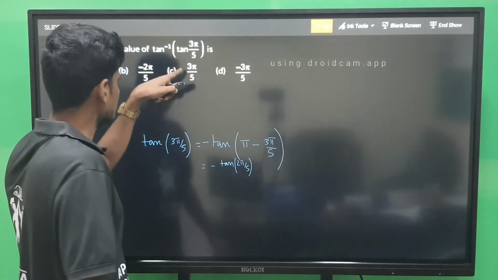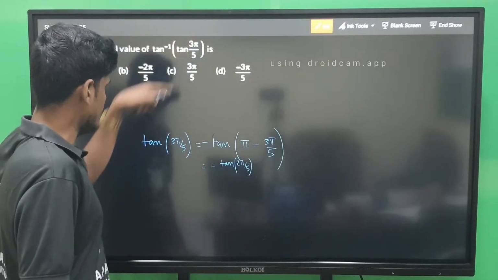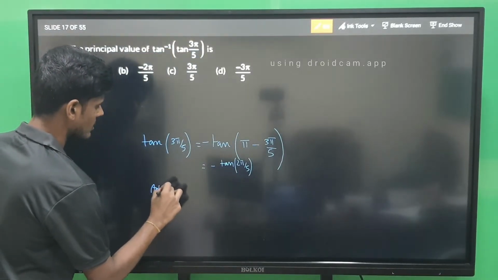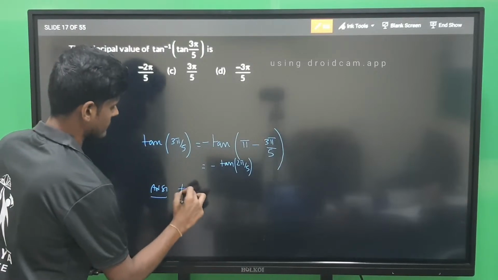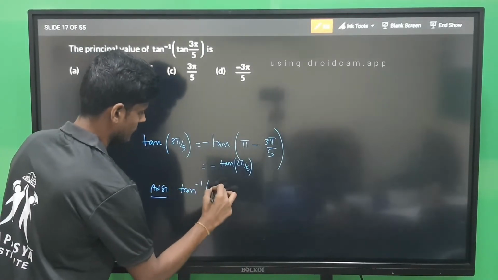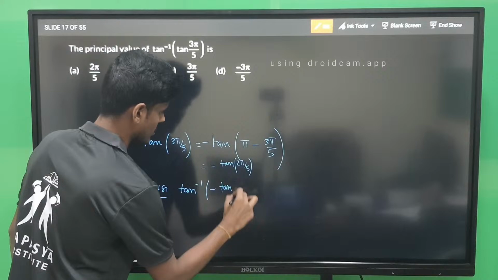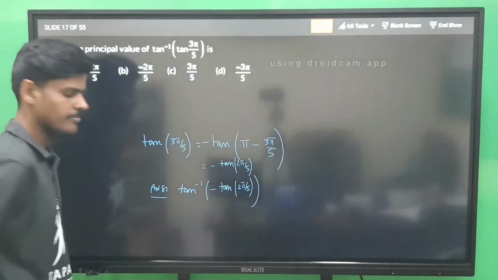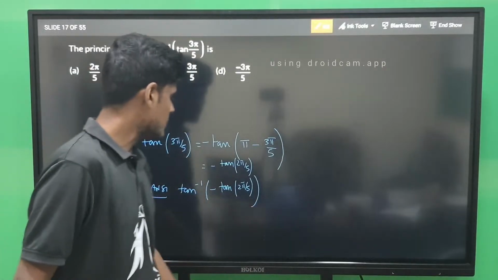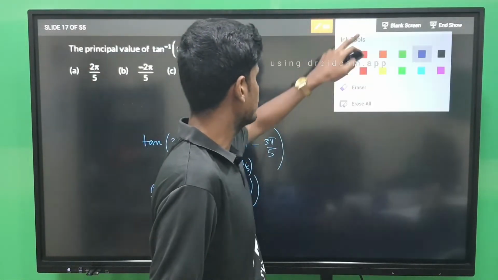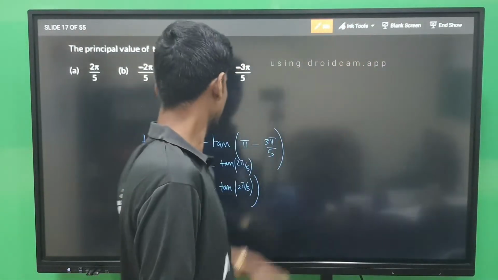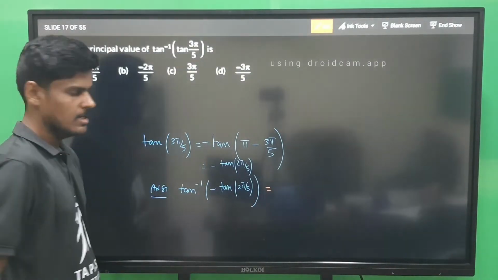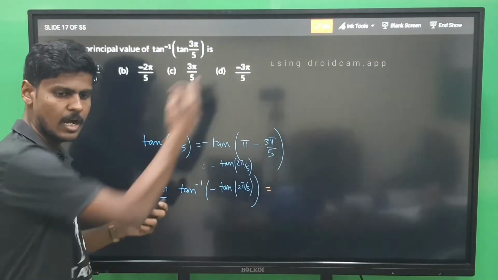And now what we need to do, students? This value tan 3 pi by 5 is minus tan of 2 pi by 5. So answer is tan inverse of minus tan of 2 pi by 5. And now what is this answer? Minus tan 2 pi by 5. We can take minus outside, as tan inverse is odd function.